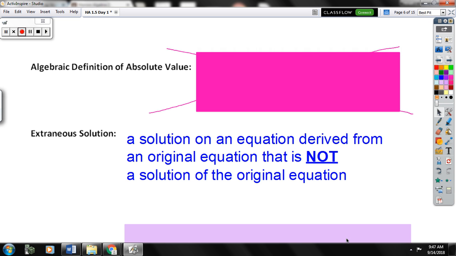By definition, it is a solution of an equation derived from an original equation that is not a solution to the original. But for short, it's an extra answer that doesn't actually work.